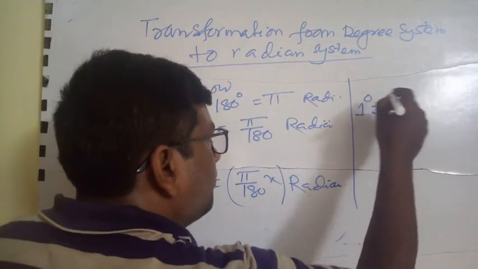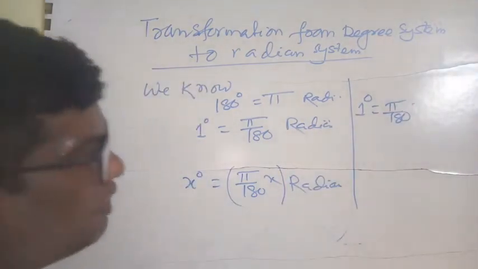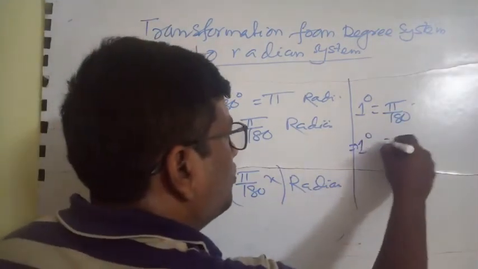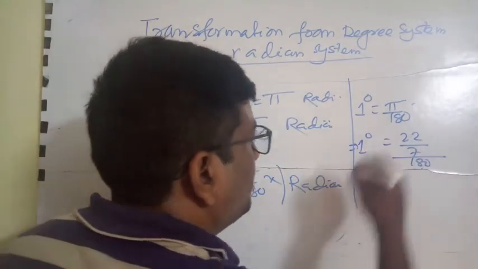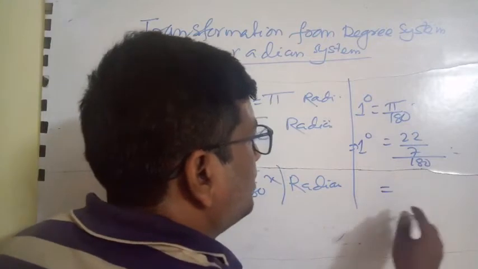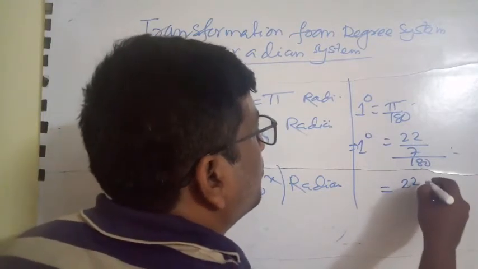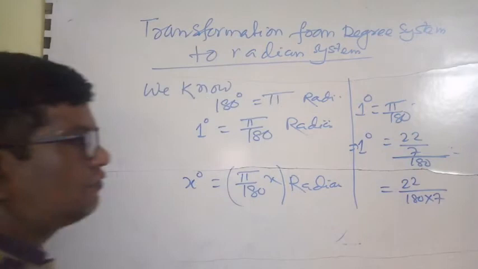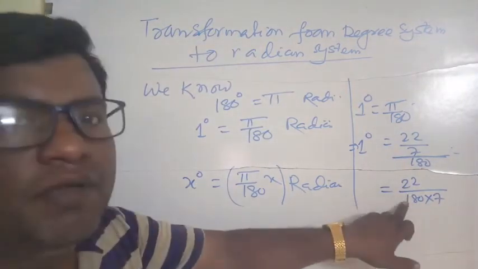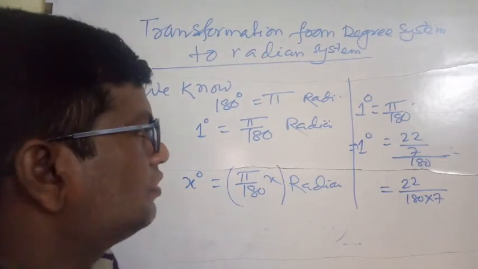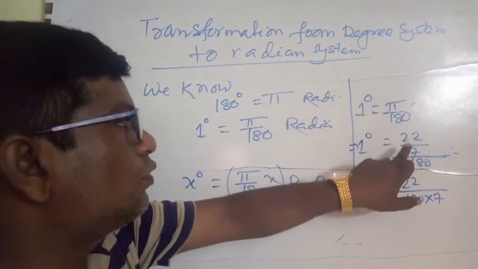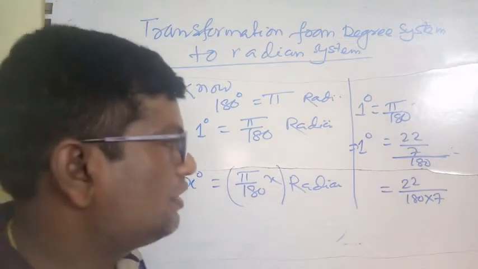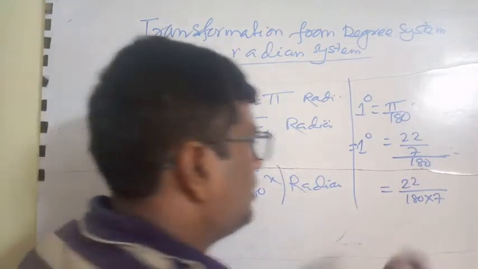Putting the approximate value of pi as 22 by 7, 1 degree is equal to 22 by 7 into 180, that is 22 divided by 180 into 7.